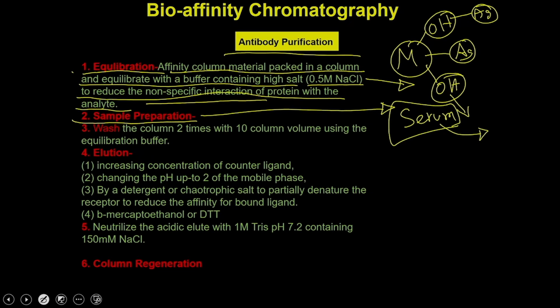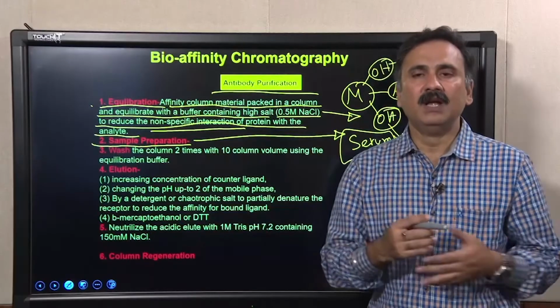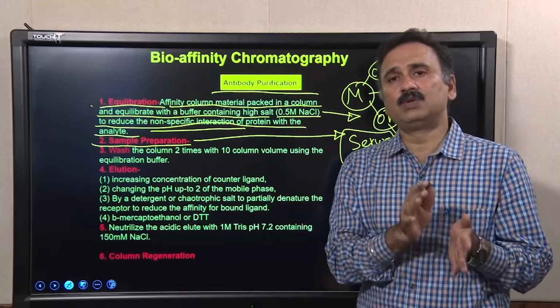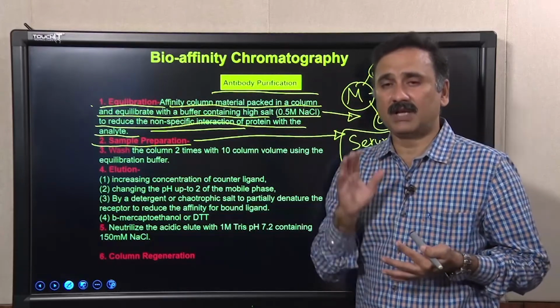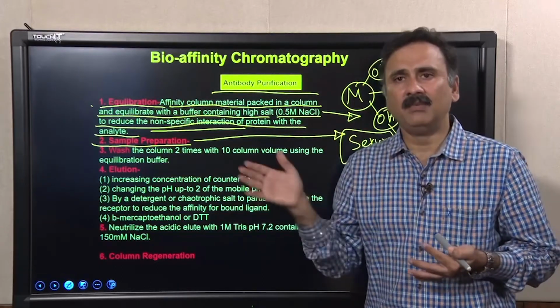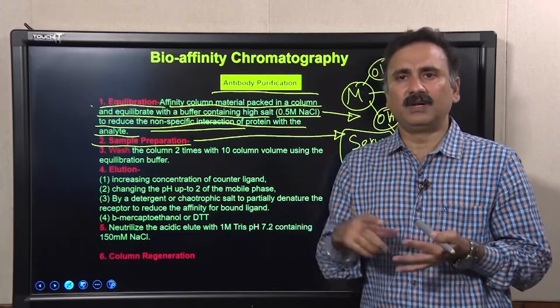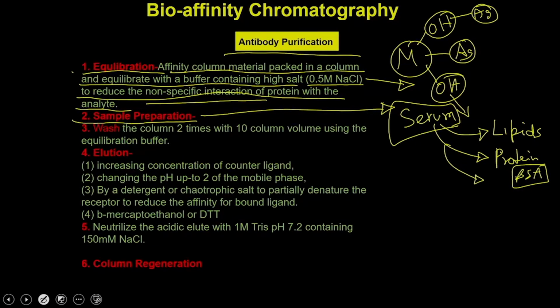Serum contains a very small quantity of lipids, and it also contains other kinds of proteins like BSA, which is present in bovine serum, but you can also have HSA if you are taking blood from humans. Irrespective of that, you are going to get the albumin proteins, which are the maximum protein present in the serum, and all these proteins are not useful, because apart from that you are also going to have the antibodies. Okay.